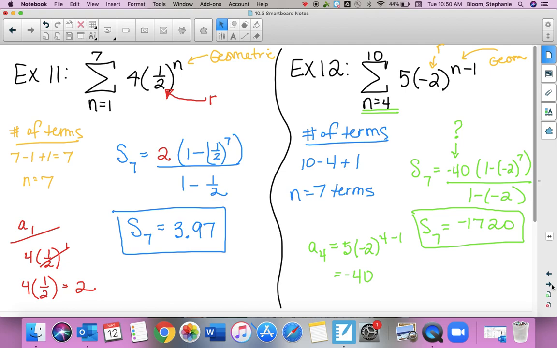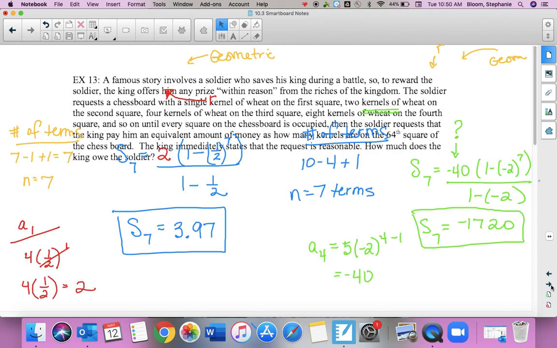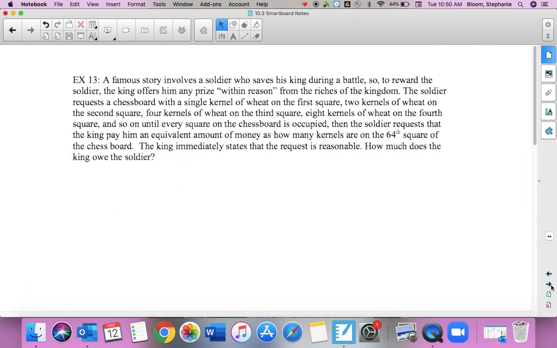Okay, we have 2 examples left. We're going to look at a word problem. It says, a famous story involves a soldier who saves his king during battle. To reward the soldier, the king offers him any prize within reason from the riches of the kingdom.